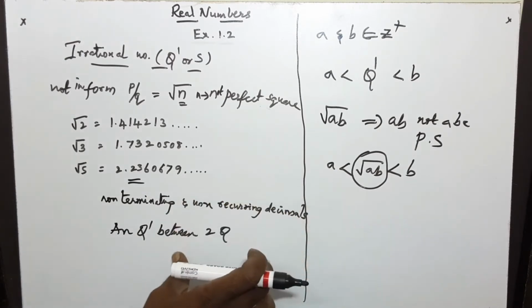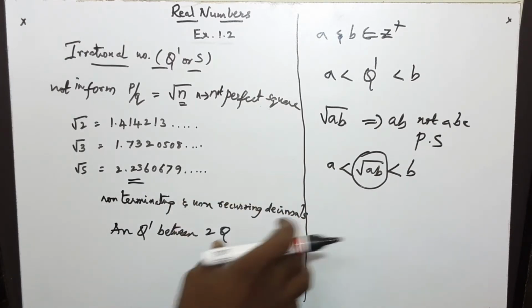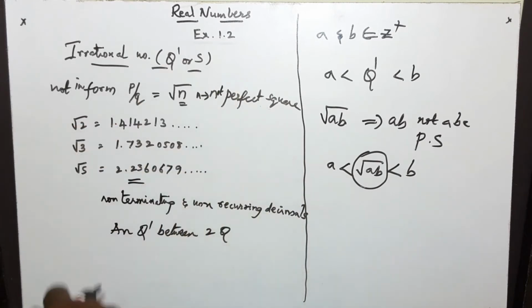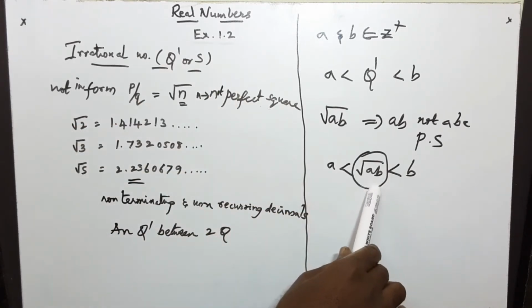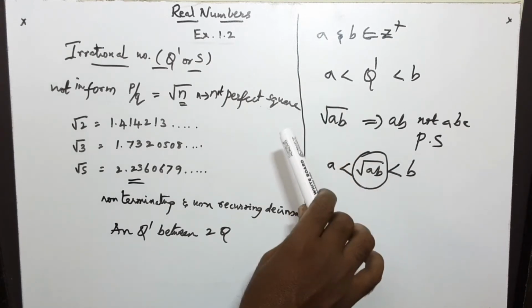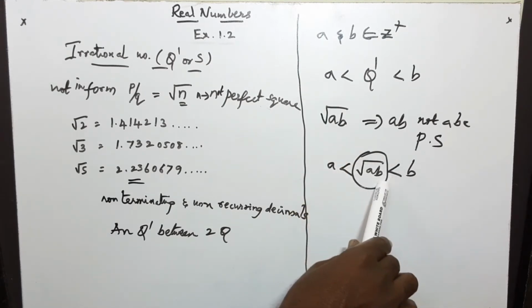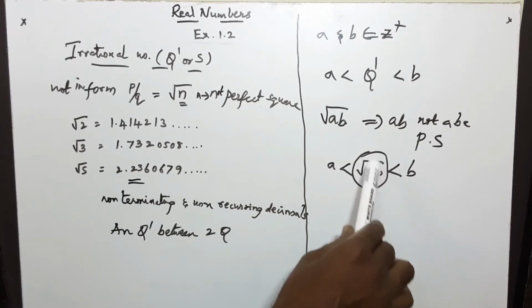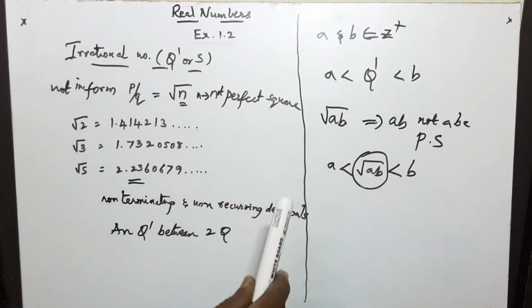We are going to come across these two types of concepts in exercise 1.2. Once again, to find an irrational number between two rational numbers, it is root ab, and the product ab should not be a perfect square.